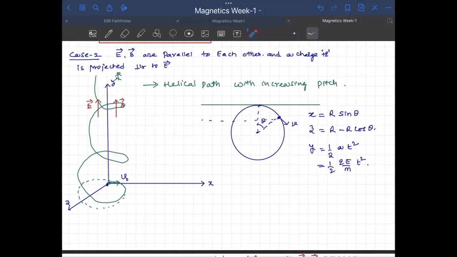This is the x-axis, and this is the z-axis. So what is this distance? X is r sin theta. Don't forget, theta is omega t.